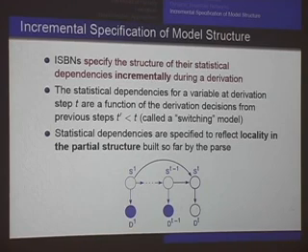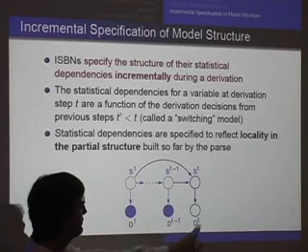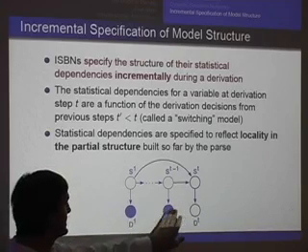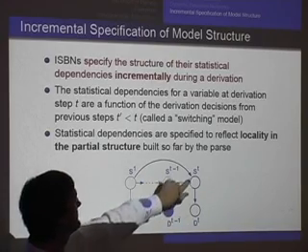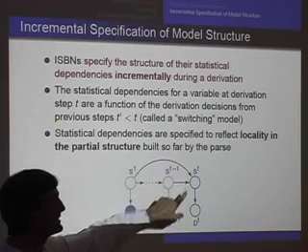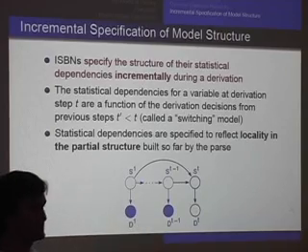So the method we use is the incremental specification of model structure. So the idea is you're proceeding through the derivation, and at this point we wanted to estimate the probability of this variable here. These are all visible variables. We define this set of statistical dependencies as a function of these visible variables. So it gives us a kind of switching model.